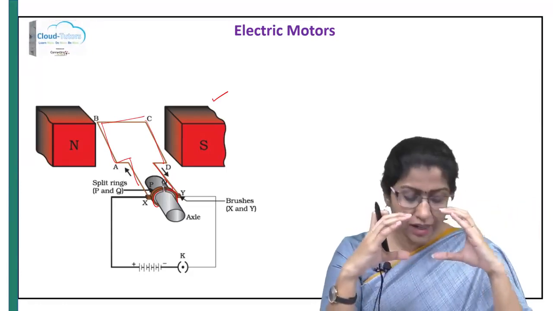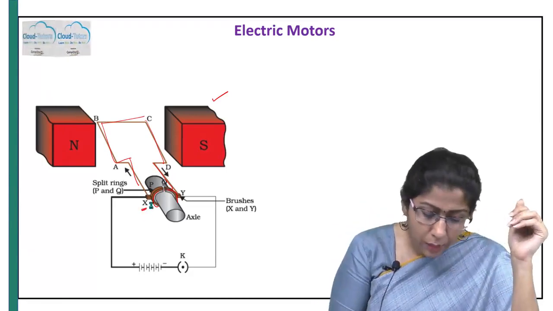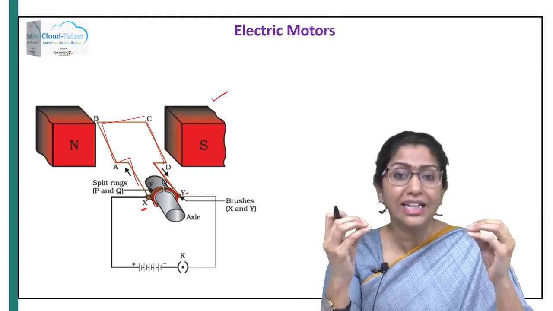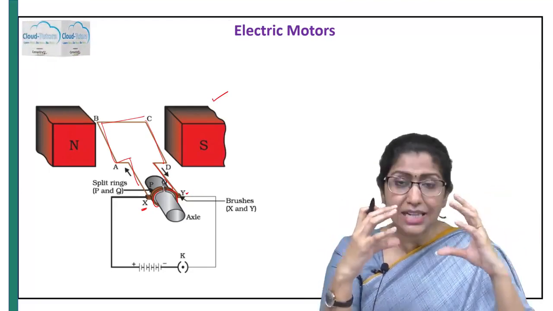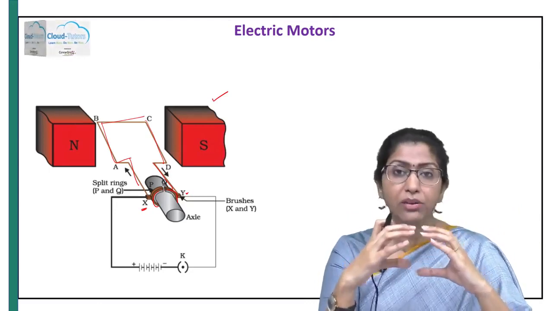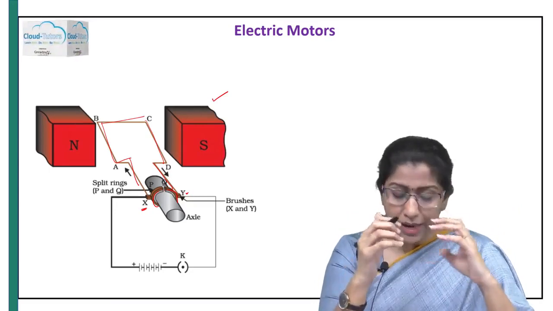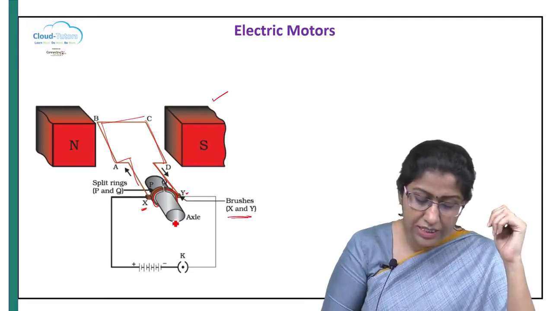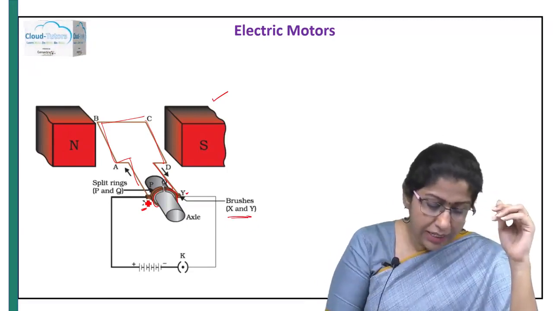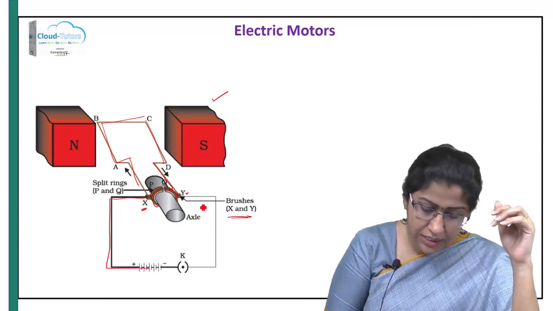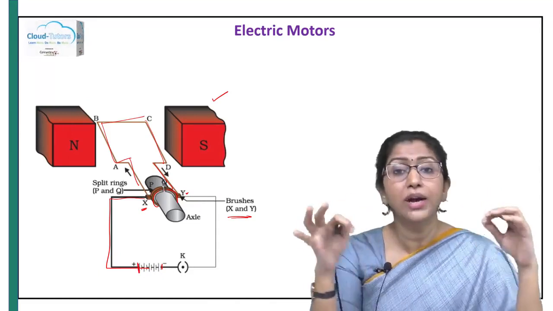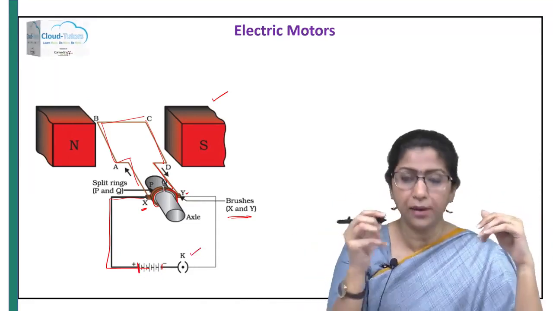There are X and Y conducting brushes, which are necessary for the connection to be made. This split ring acts as a commutator. I will come to why we need a commutator here in a while. We have conducting brushes, and there is an axle around which the coil rotates. These two brushes, X and Y, are connected to the two ends of the battery, and there is a key here.